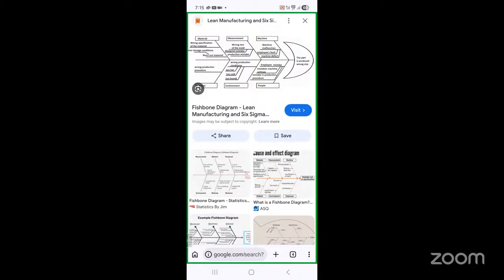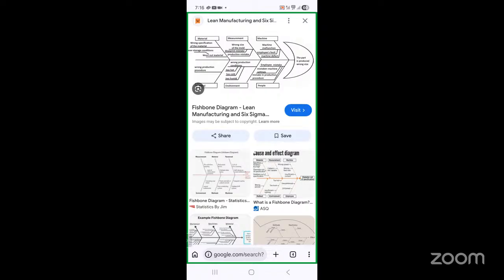Lifting plan not approved or not prepared. Manual method of work versus mechanical. Okay. So Shejal, you have written three factors. Yes, sir. Thank you.